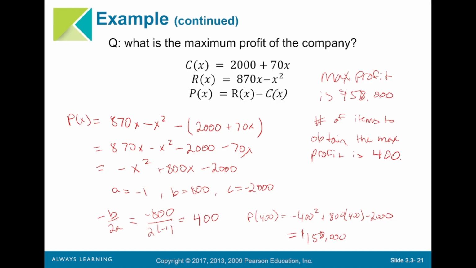So just to be clear, the max profit is the y value of our vertex, right? The vertex we get here is 400, 158,000. So the max profit is the y value, and it happens when you have 400 items sold.